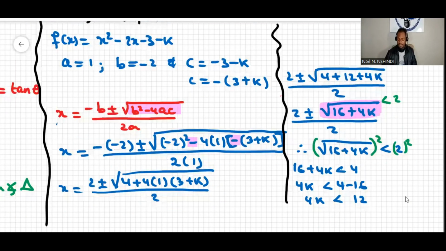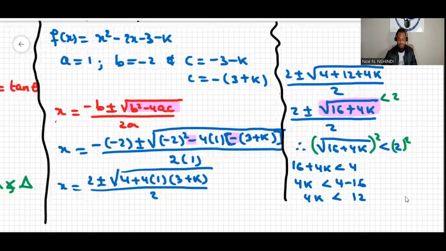If we divide both sides by 4, then k must be lesser than negative 3. Okay, so now k is lesser than negative 3, one side.